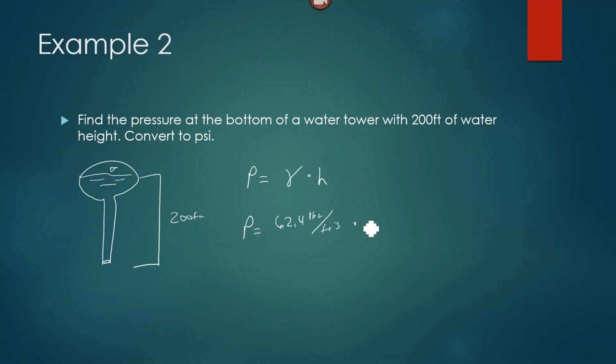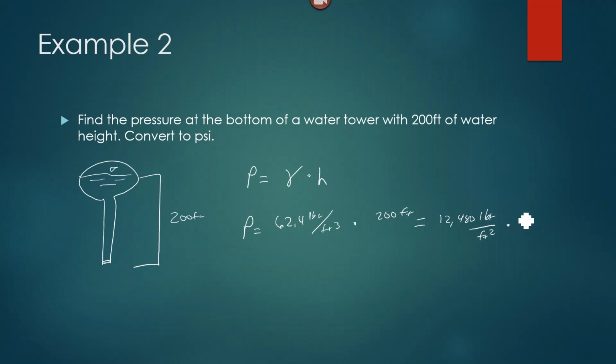And then we're going to times this by the height, which is going to be 200 feet. Feet's going to knock off one of the feet over here. We're going to end up with 12,480 pound force per feet squared.